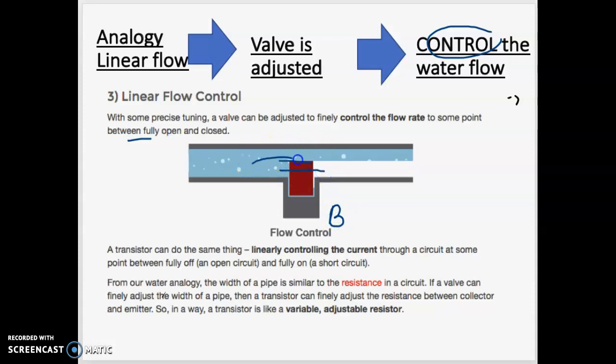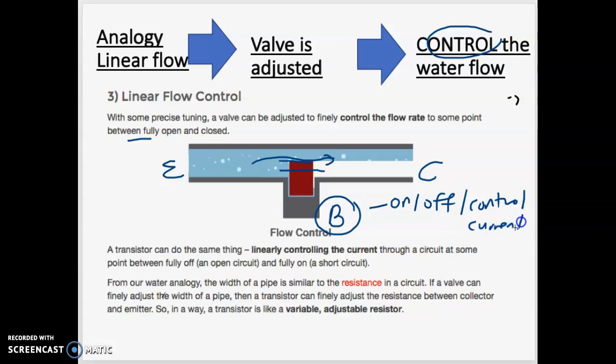The water that flows from your emitter to your collector will be controlled by your base. So the base plays a role in turning it on, off, or controlling your current. In the water valve analogy, the water becomes the current flow.